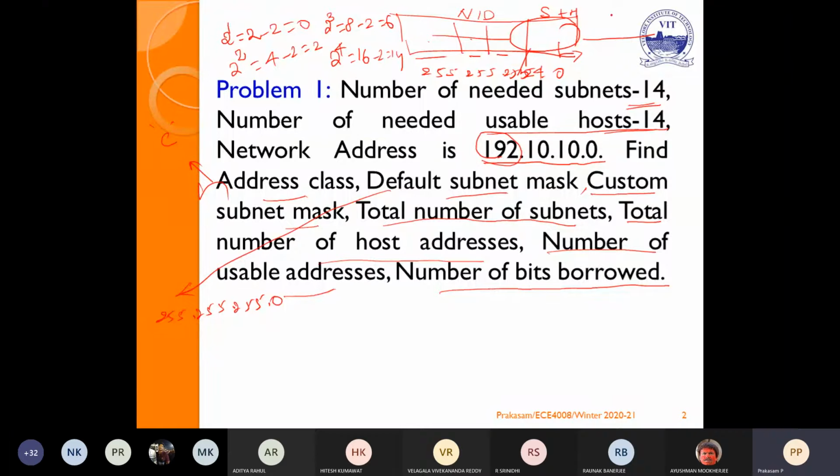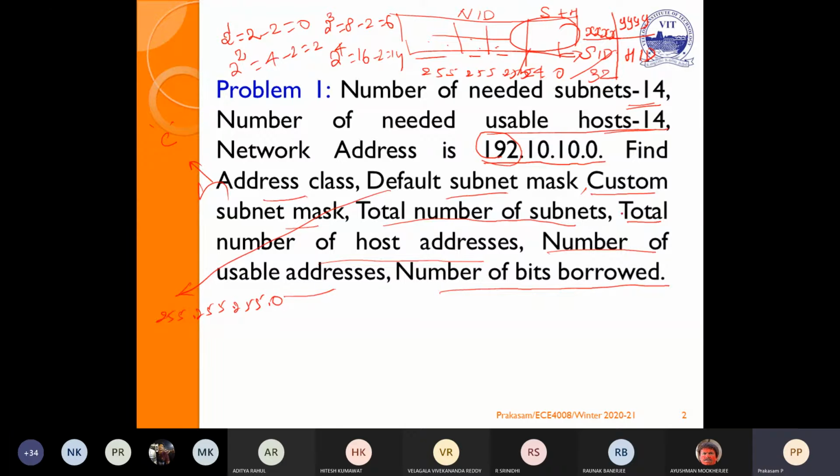So out of these 8, I am allocating the first 4 for subnet and the last 4 for host. This is the subnet part, this is the host address. So out of 32 bits, for the subnet we are allocating 8 plus 8 plus 8 plus 4.